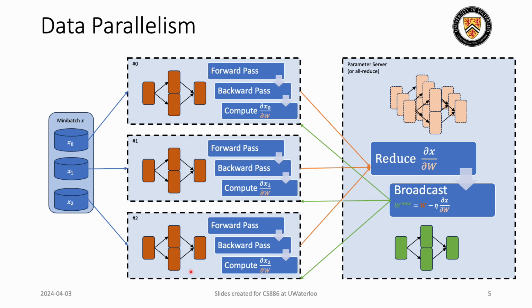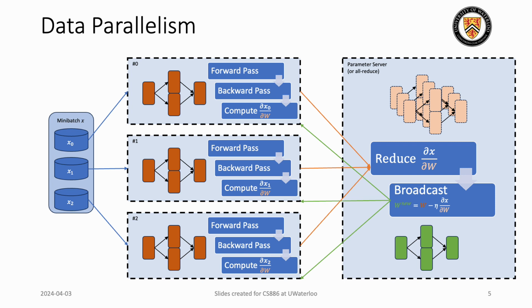of the model. Now every GPU does a forward pass, backward pass, computes the gradients, and then they can aggregate these gradients together, either using a parameter server, could be another GPU, or they do some form of all-reduce operation, and by this way they reduce all the gradients together, and then they broadcast the updated model to all of them, and then they go on to the next mini batch.